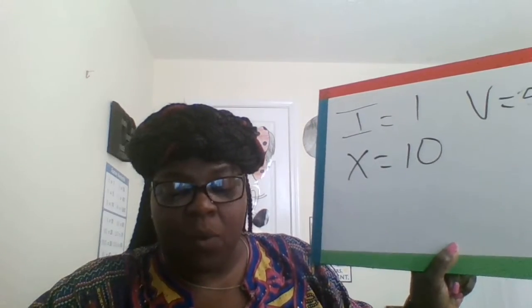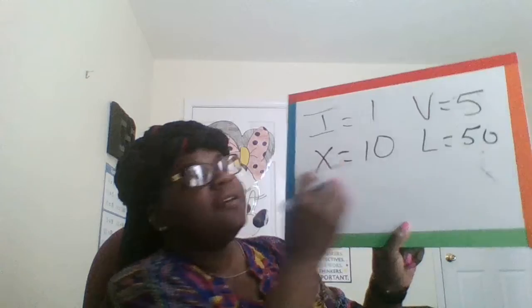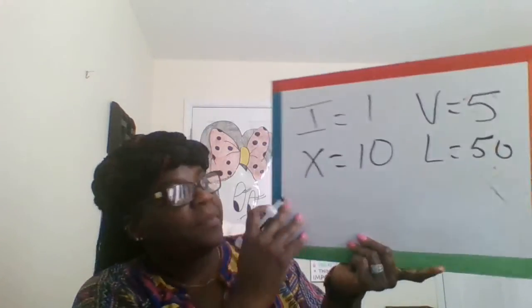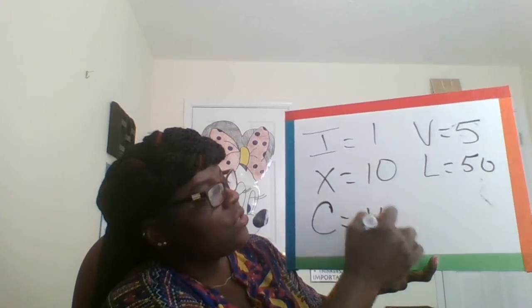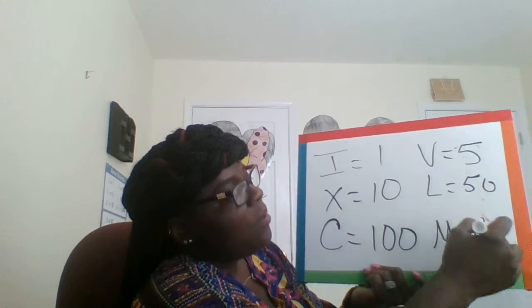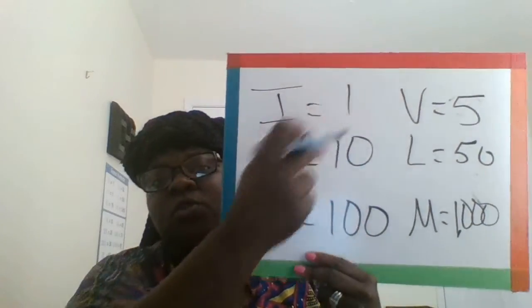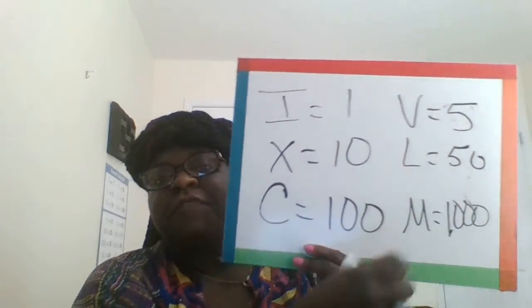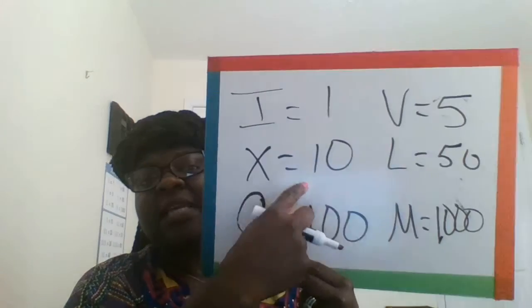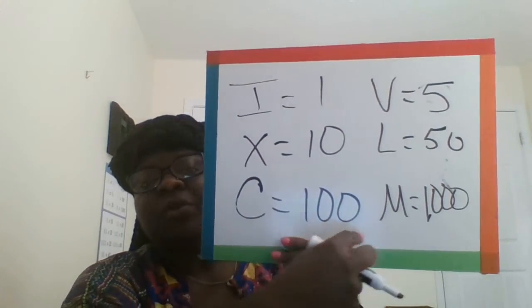And then you have to remember what's next. L equals 50, C equals 100, and M equals 1,000. So I equals 1, V equals 5, X equals 10, L equals 50, C equals 100, M equals 1,000.